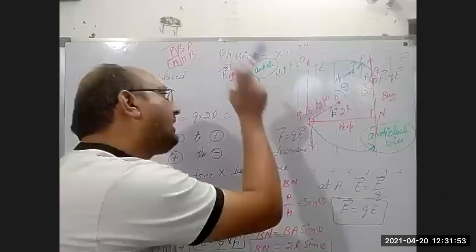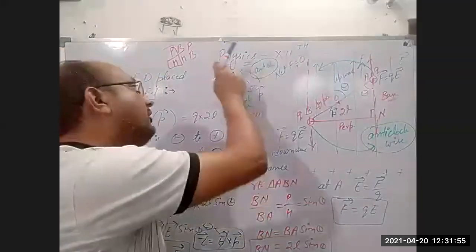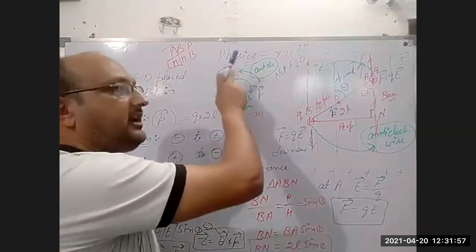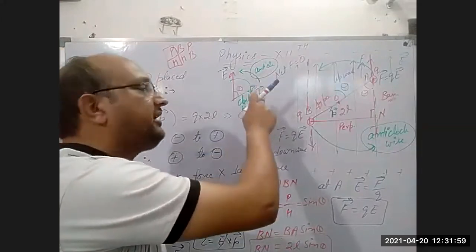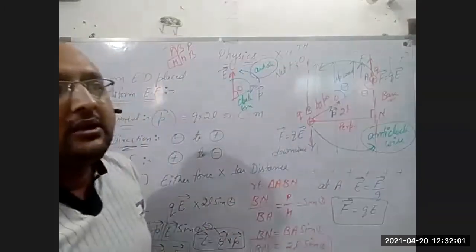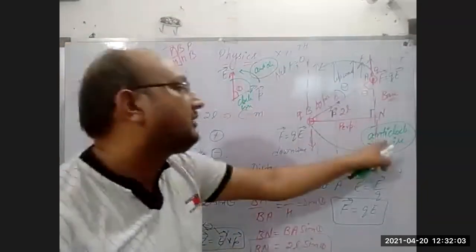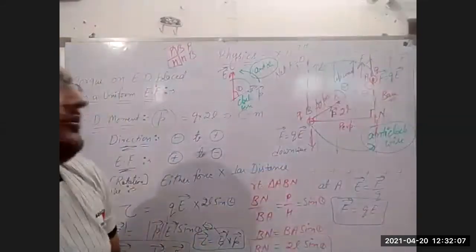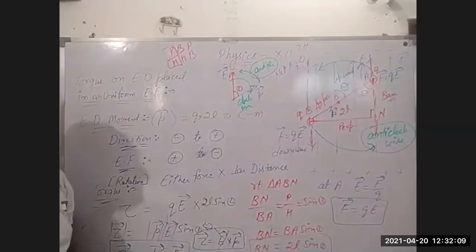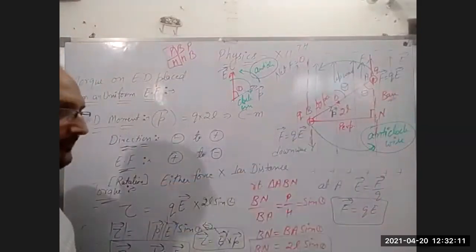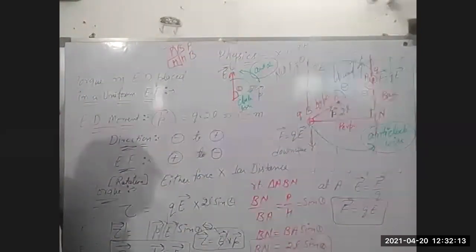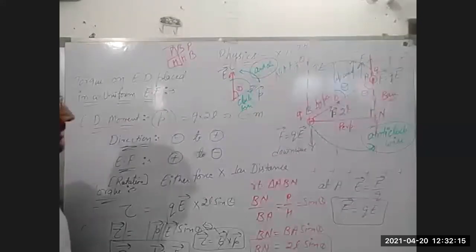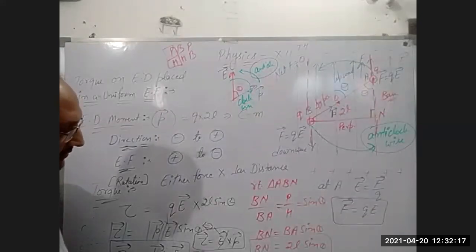So we have to adopt P cross E. We can't move from E to P because that direction is clockwise, and clockwise does not match the anti-clockwise. It just reverses this. I hope you have no query about that.